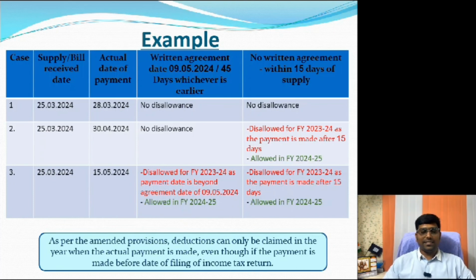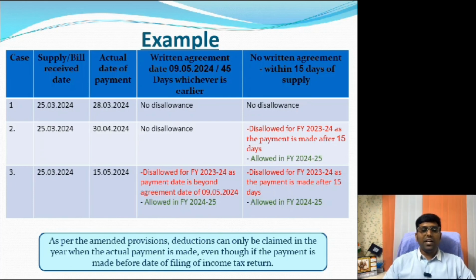In the third case, the bill date is 25/3/2024 and the actual date of payment is 15/5/2024. In this case, the payment is made after the agreement date of 9/5/2024, so the expenditure will be disallowed for the financial year 2023-24, but the same will be allowed as deduction in the financial year 2024-25 in which the payment is made.